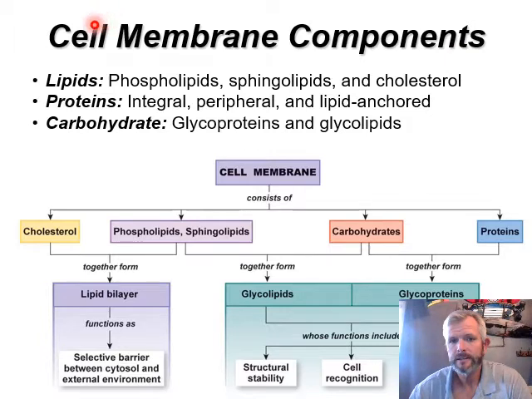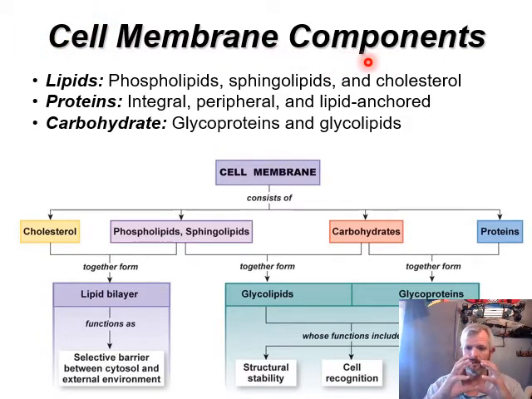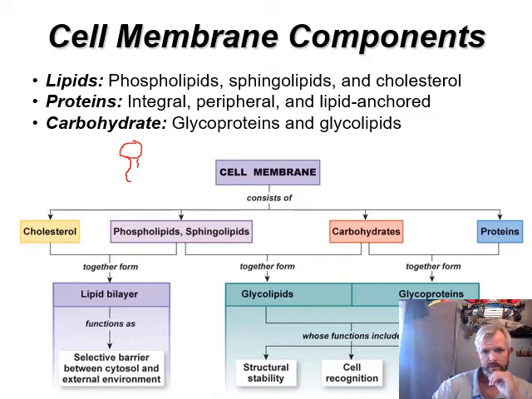Okay, so let's look at the cell membrane. What comprises that cell membrane? What is that boundary? The cell membrane, the main component is those phospholipids. You remember those phospholipids, with that polar head and the tail. And what we see in the cell membrane is it's mainly composed of a bilayer.